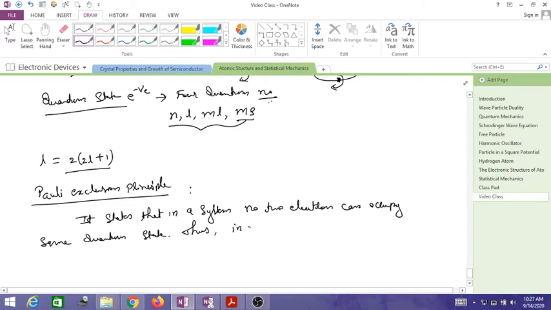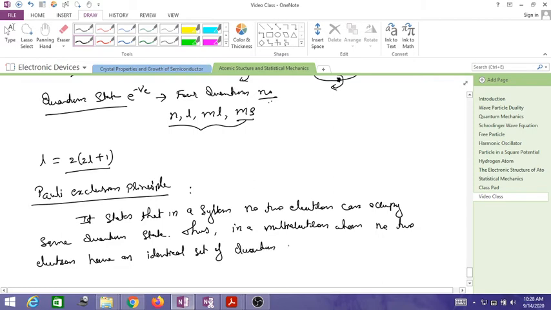Thus in a multi-electron atom, no two electrons have an identical set of quantum numbers.